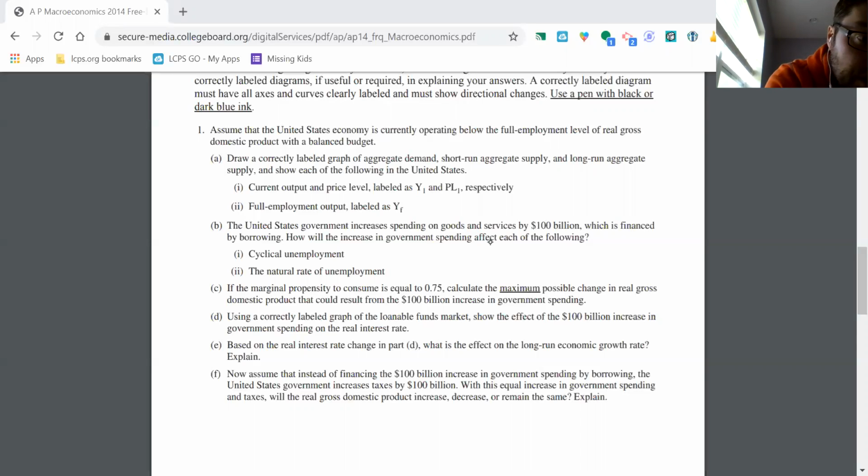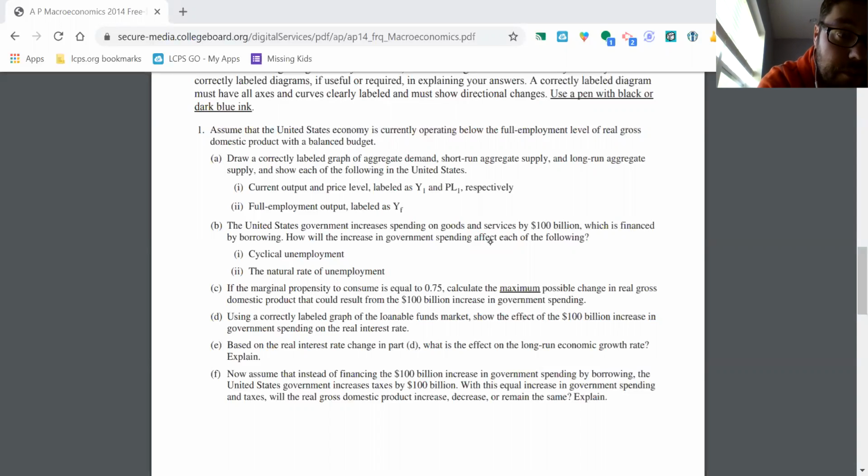All right, so we've got price level over here, and we've got real GDP down here. Let's go like this. So we've got an aggregate demand curve, short run aggregate supply. And now how do we show below full employment, right? So the LRAS curve is going to be somewhere over here.